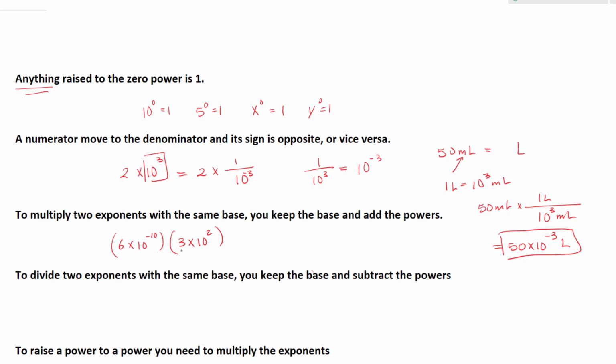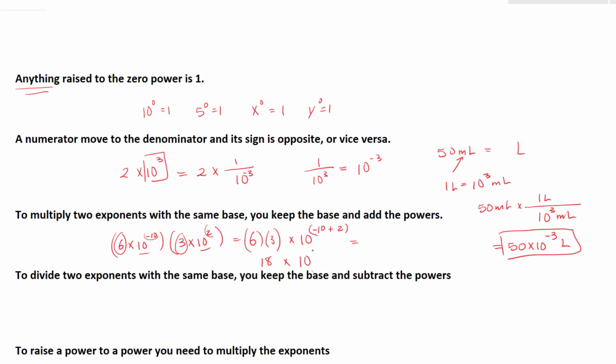When we have multiplication, we can actually break it down into parts. This is not an exponent number, so we can take 6 times 3. Then for the exponent part, when we multiply, we just add the exponents: negative 10 plus 2. 6 times 3 is 18, and the base stays the same.